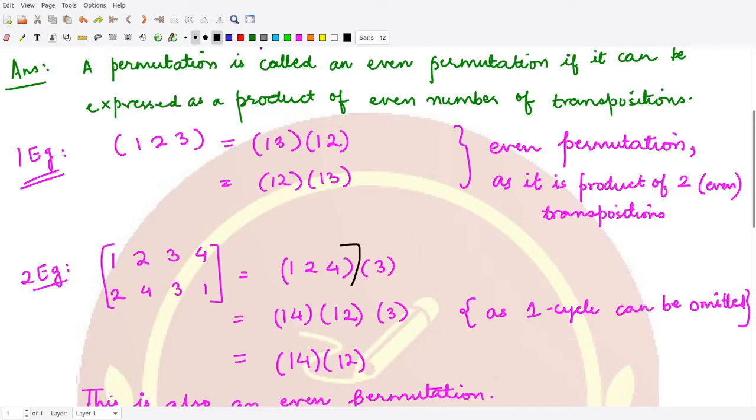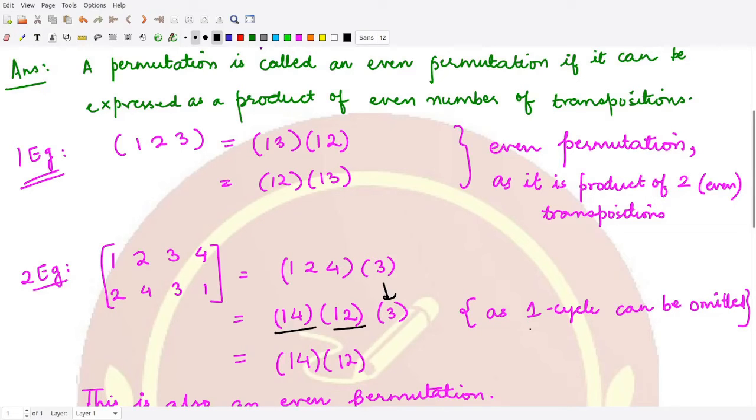Now we can decompose this 3 cycle into transpositions, using the same rule: the first element with the last element, and the first element with the second element. So we have 2 transpositions and one 1 cycle.